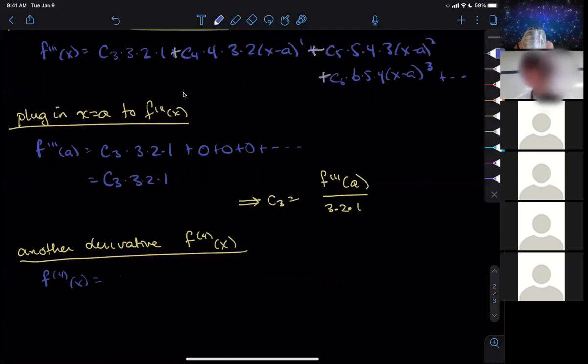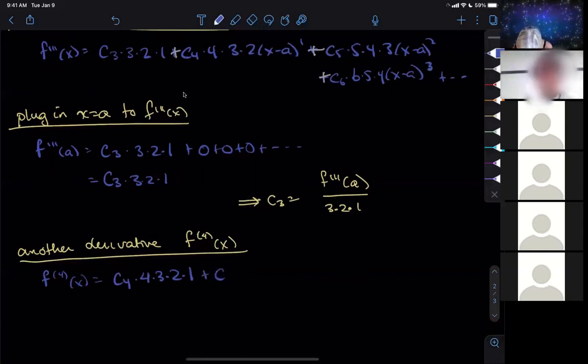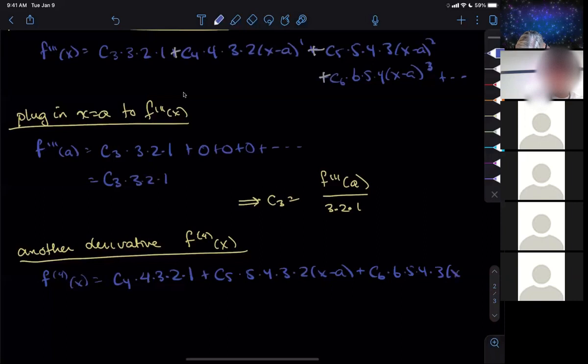And now I'm going to get C4 times 4 times 3 times 2 times 1, since the derivative of x minus a is 1. Plus C5 times 5 times 4 times 3 times 2 times (x minus a). Plus C6 times 6 times 5 times 4 times 3 times (x minus a) squared, and some more stuff.